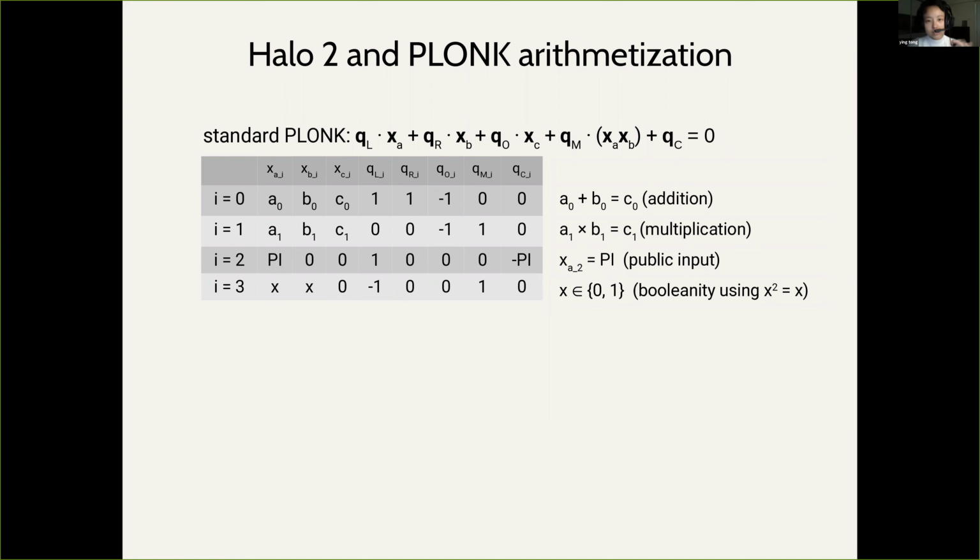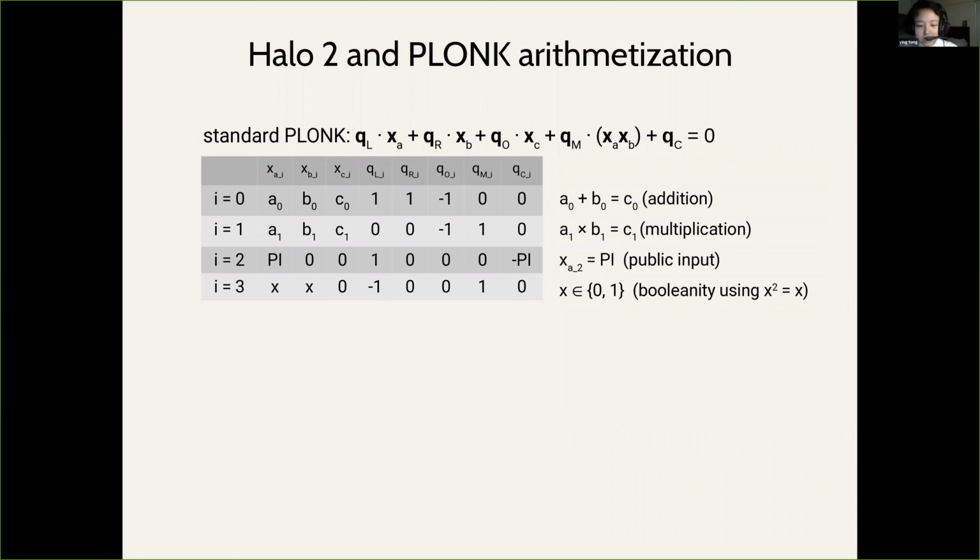We set our left input to A0, our right input to B0, and they should add up to our output C0. To activate these gates, we also set the selector gates, the Q columns, the selector wires, to 1. We set QL to 1, so the left wire is activated. QR is also activated. And we set QO, Q output, to -1, so that in the end, the equation comes out to A0 plus B0 equals C0.